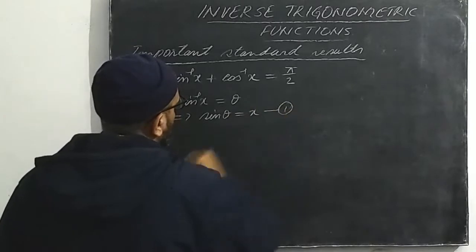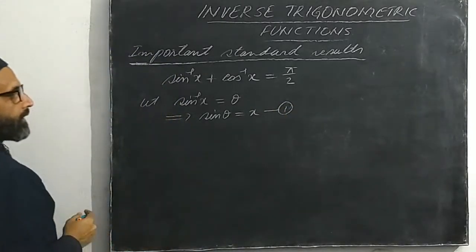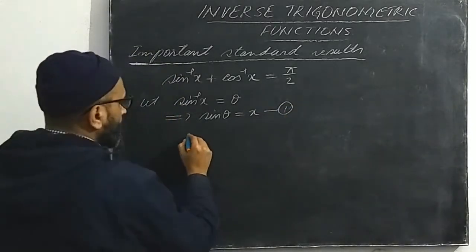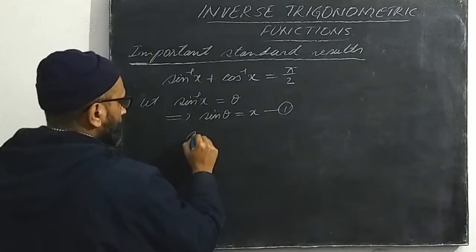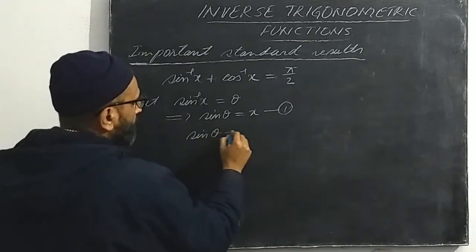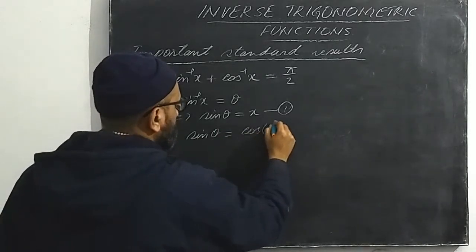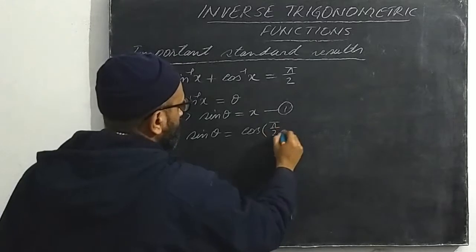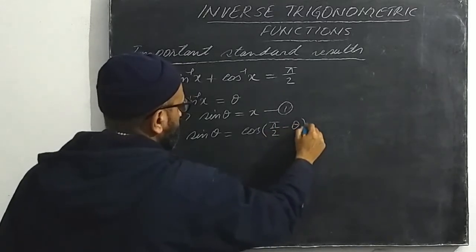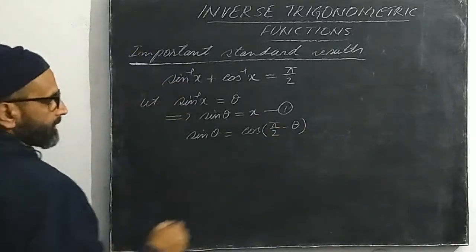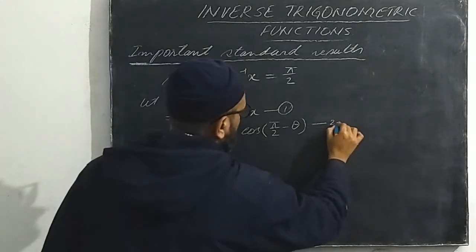Let it be equation 1. Now, as we know, sine theta may also be written as cos of pi by 2 minus theta. So this is equation number 2.